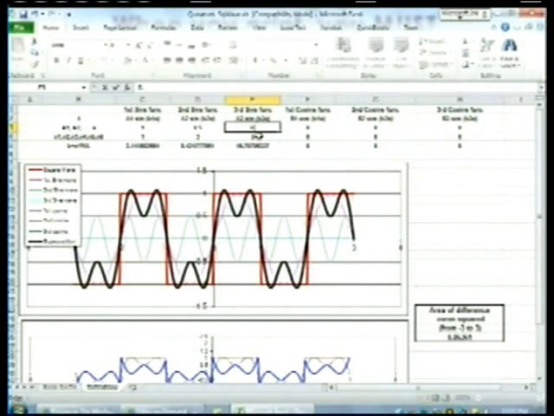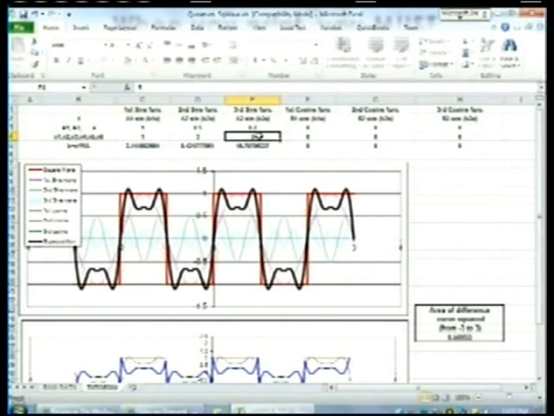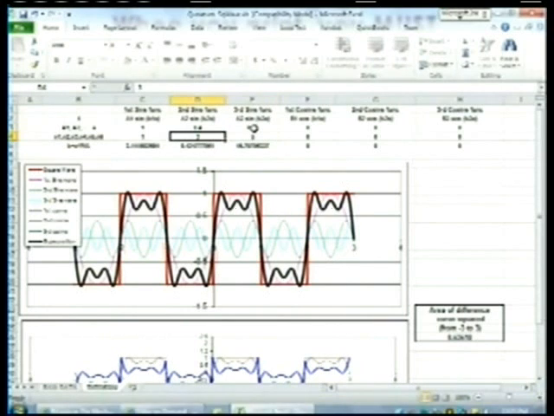And maybe 0.2. Look at my error number, got a little better. A little better still. Look, that's worse.